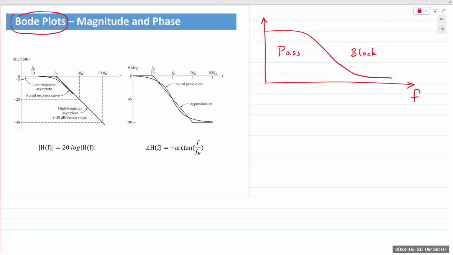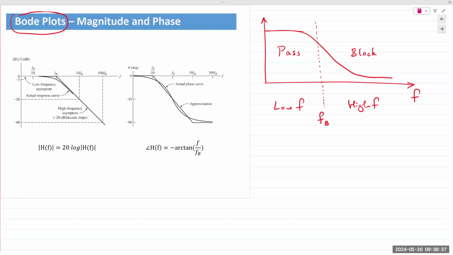So basically here, if we say this is the pass band, these are the low frequencies, these are the high frequencies, right? And this is your break frequency FB. So if it's a low pass filter, frequencies lower than FB are passed, frequencies higher than FB are blocked.